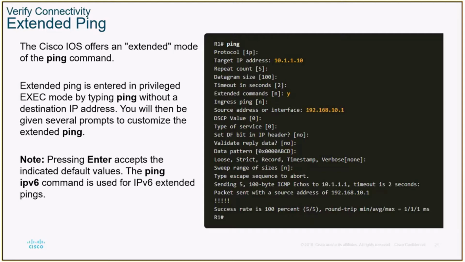Instead of your WAN link to the rest of the world, you might want to use your internal Ethernet address as the source address. You can do that, and you can change a few other things as well. Not that you'll do that very often. Once it's gone through all the options, it'll send out the pings. In this case, we had a 100% success rate, so all very happy.